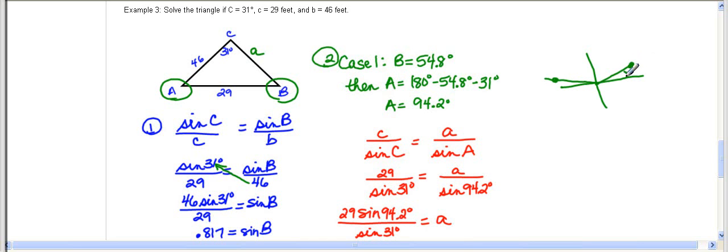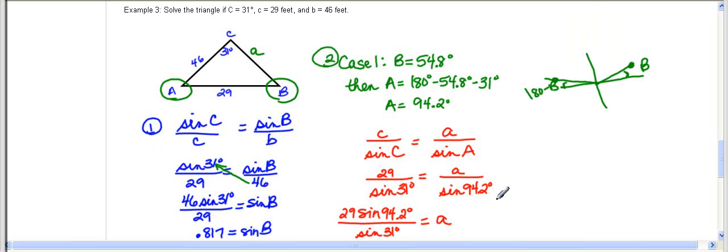There is an angle in the first quadrant. We call this angle B. Then the reference angle, which is 180 minus B, also has that same sine value. So we have to think about that and see if it makes sense in this particular problem.